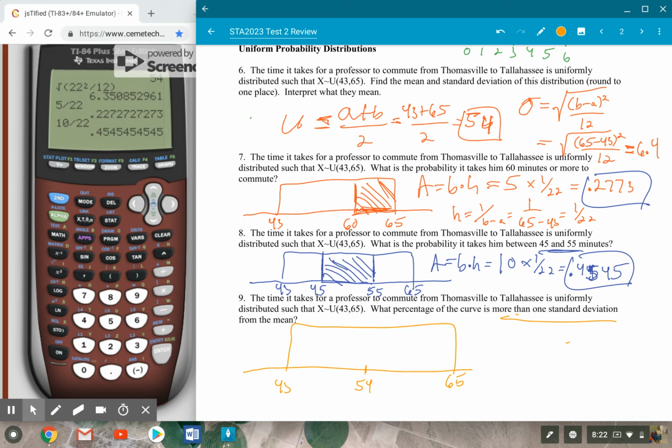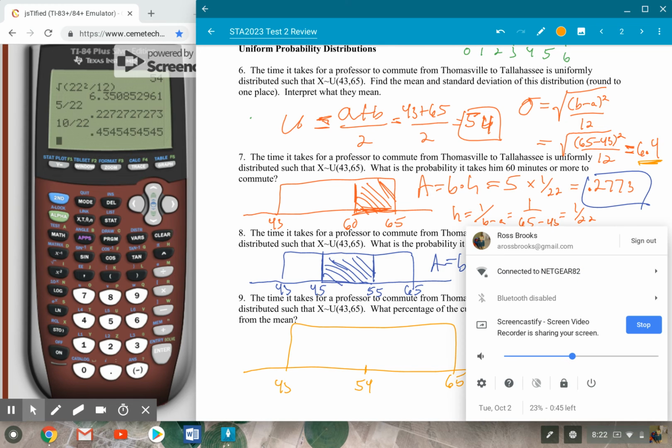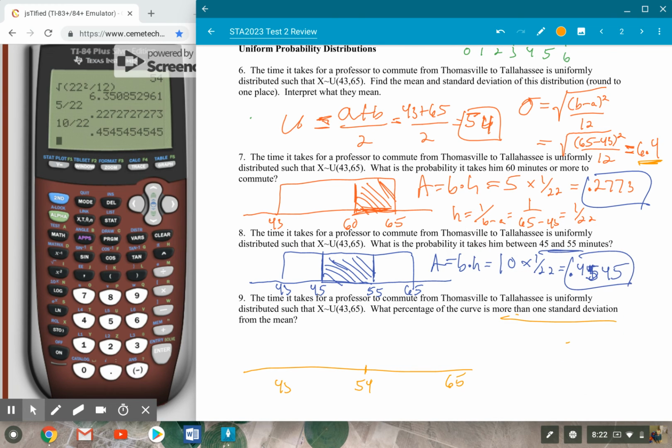I know that from number 6. My standard deviation from number 6 is also 6.4. So going 1 standard deviation from the mean, I'm going to go up 6.4. So that would be to 60.4. Just 54 plus a standard deviation of 6.4. So I want to go more than that. So I'm looking at this area.